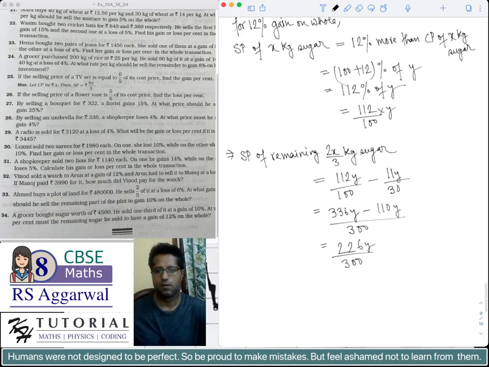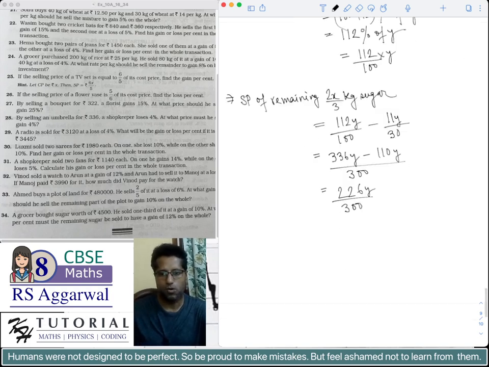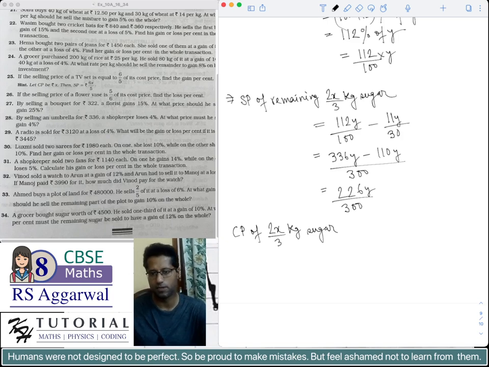Okay. Now cost price. What is the cost price? We need to find the cost price of 2x by 3 kg sugar. Only then we can find the gain, and from gain we can find the gain percent. So the cost price of 2x by 3 kg sugar should be equal to y by x multiplied by 2x by 3.